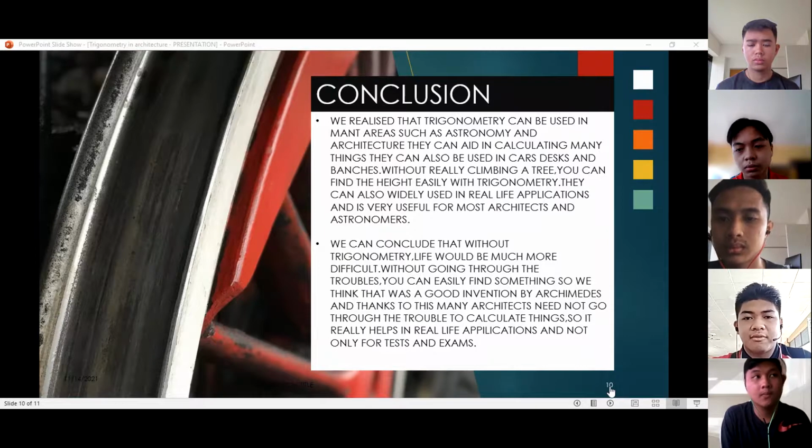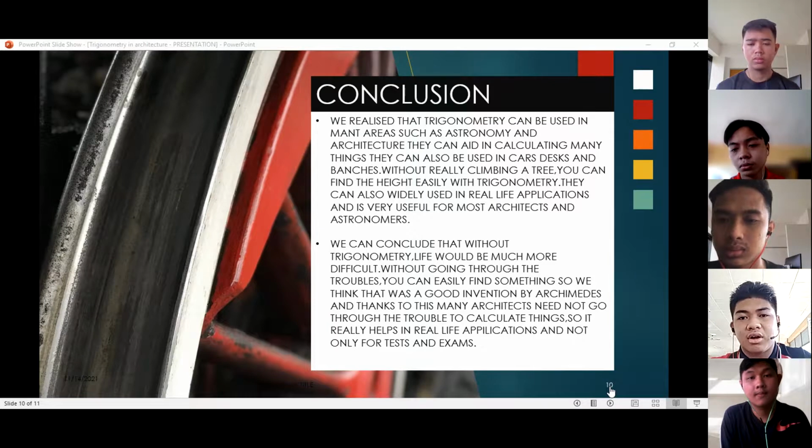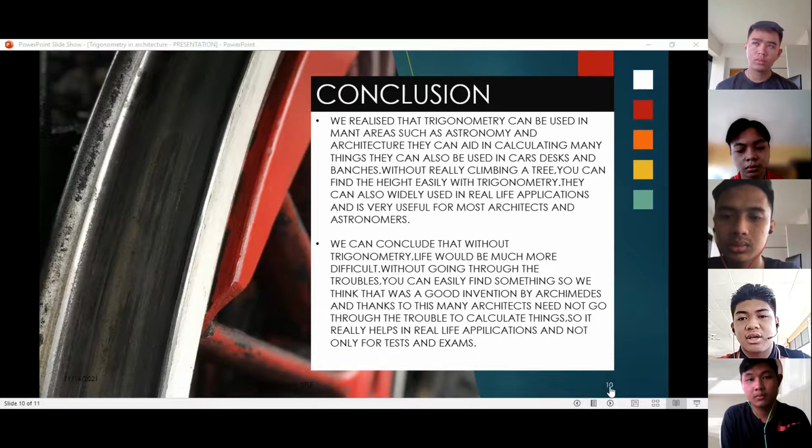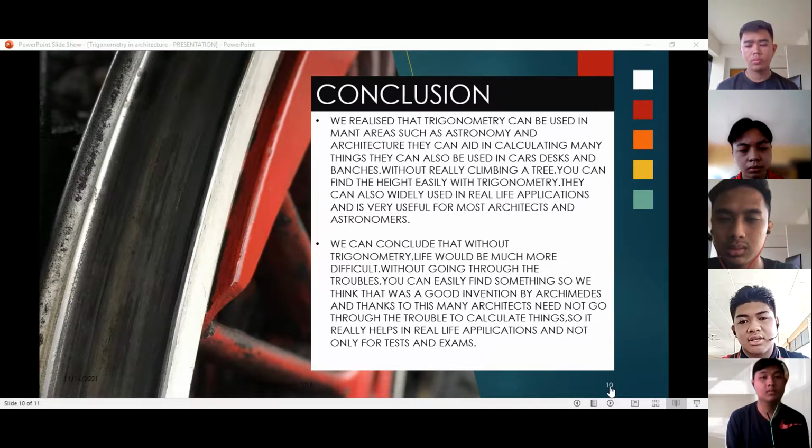Okay, thank you, Aima, for the explanation. And now I will talk about the conclusion. As you know, we realize that trigonometry can be used in many areas, such as astronomy and architecture. They can aid in calculating many things.